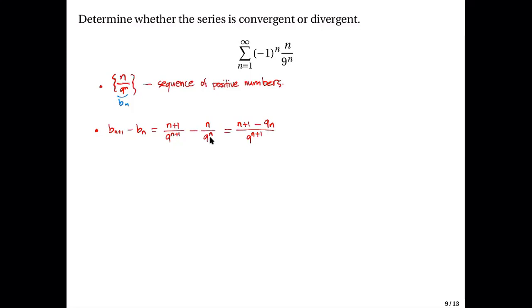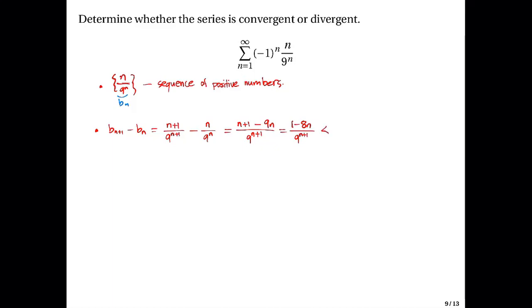You multiply 9 sa denominator, magiging 9 raised to n plus 1 siya. So, syempre, dapat i-multiply mo yung numerator sa 9 din. If you simplify this, what you will get is 1 minus 8n divided by 9 raised to n plus 1.